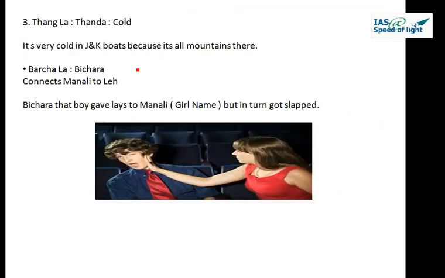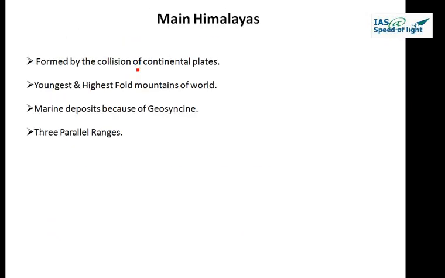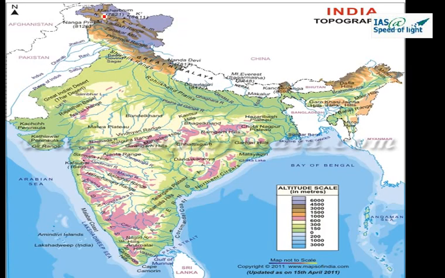I'll show you in the figure as well. The Karakoram range, the Ladakh range, and the Zanskar range. Okay, these three are the very important ranges: the Karakoram, the Ladakh, and the Zanskar. These form the part of the Trans-Himalayas. Please remember that.